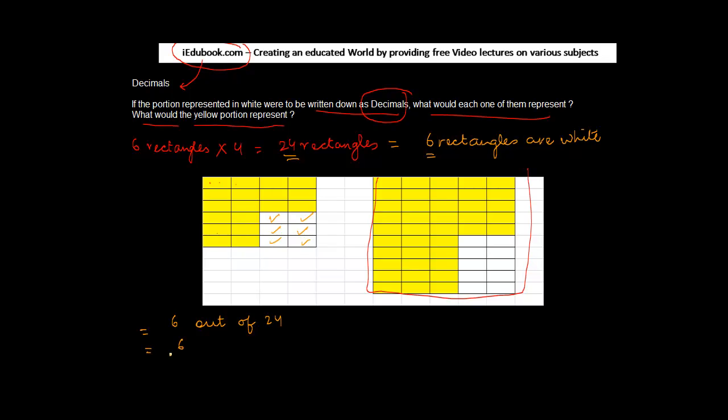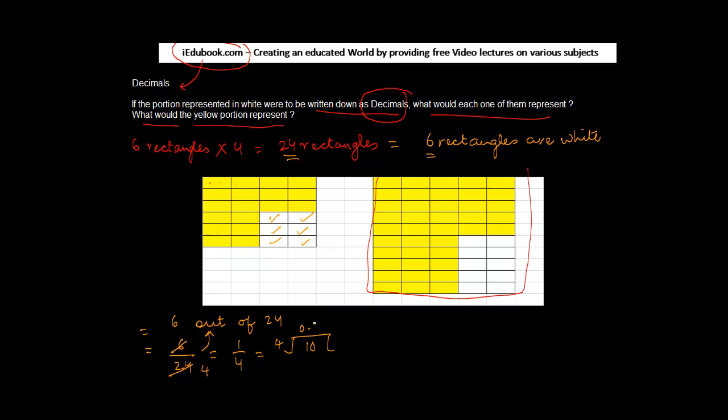Or if you have to write it down, you can also write it down in terms of the fraction. 6 by 24, which is nothing but 6 out of 24. 6 goes into 24 4 times, right? So it is 1 divided by 4, or we just simply divide 1 by 4. So 1 is less than 4, so we just put in a decimal here.